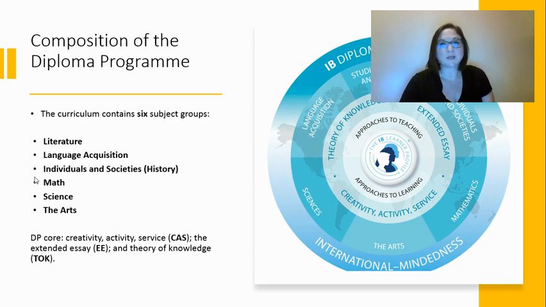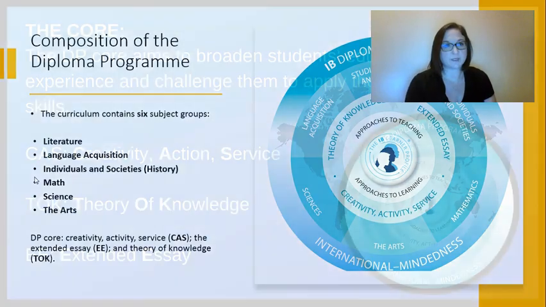So this is not unlike any other classes that any other students would take. And then we also have what's the core of the program. We have creativity, action, and service, which is CAS. We have the extended essay, EE for short, and we have theory of knowledge, which is TOK.